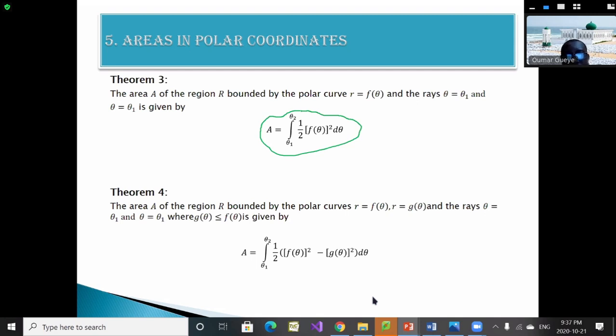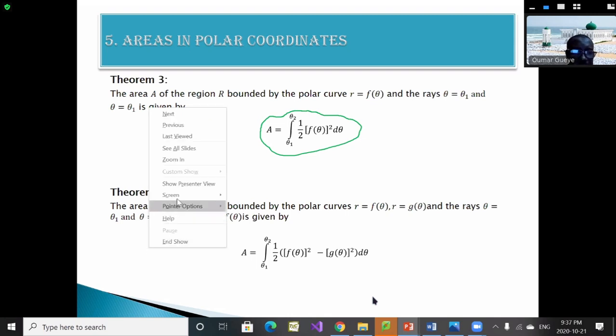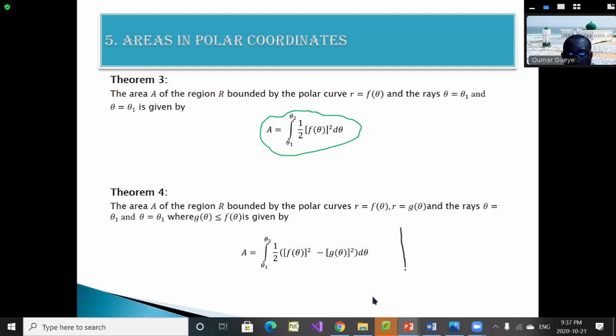Now, if you guys have two curves and want to get the area between the two curves, we can generalize this formula, and that's exactly what is given by the second theorem, number 4. I'm just going to draw the graph here, and you guys can visualize exactly what I'm saying. All right, so let's suppose here we have theta equal to 0, the pole.